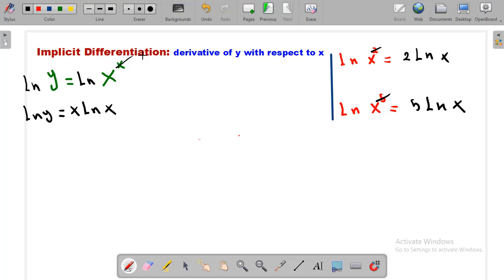Implicit differentiation means the derivative of y with respect to x. Derive this, cancel ln, and derive this over this: derive y, 1 over y times dy over dx, the derivative of y with respect to x.